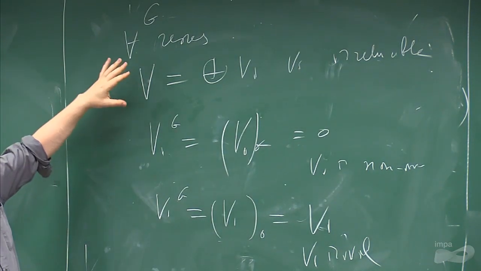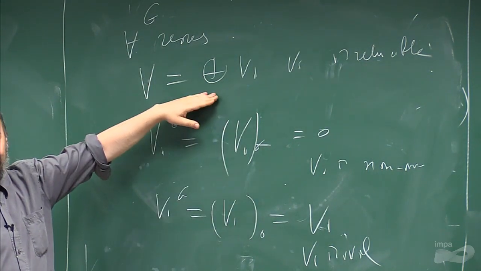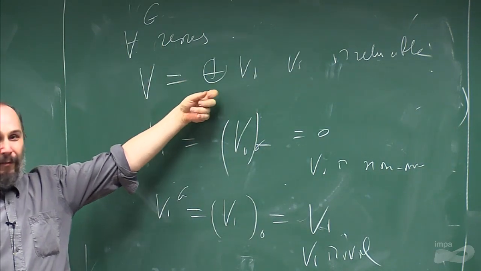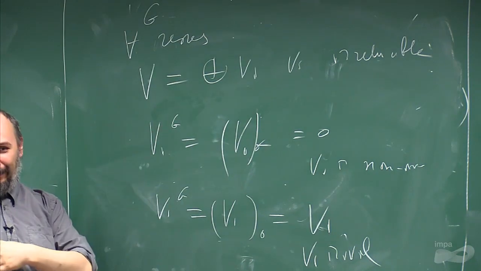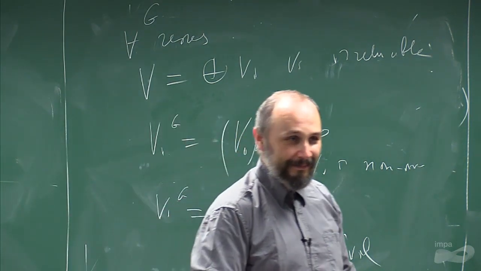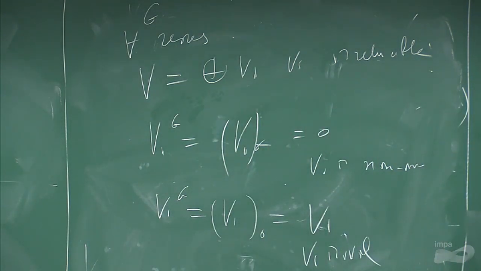So then you act by these two functors on this direct sum. You just remove all non-trivial components, and you leave trivial components where they are. So this is really a natural map, which is an equivalence of functors. I mean, it's just the identity.